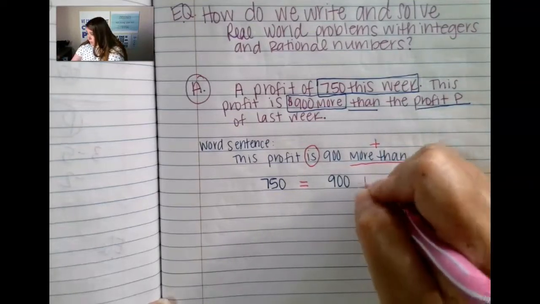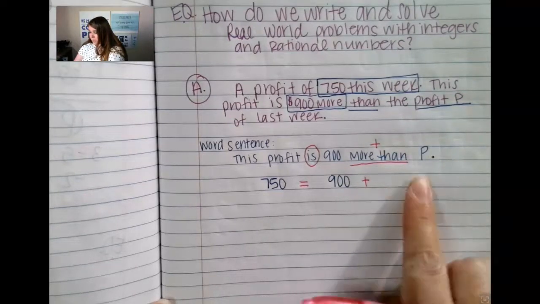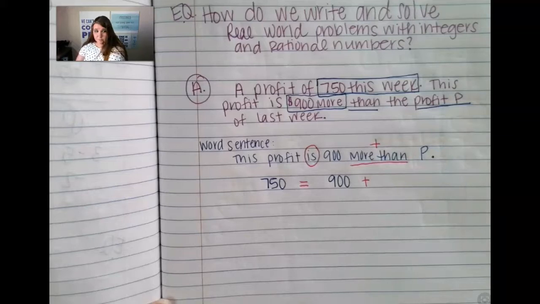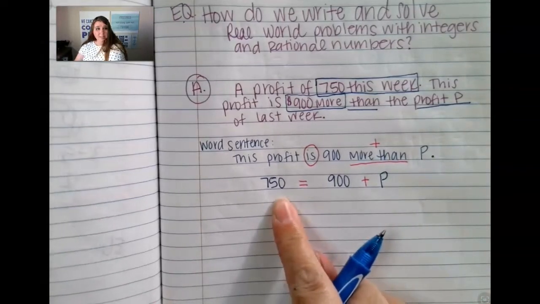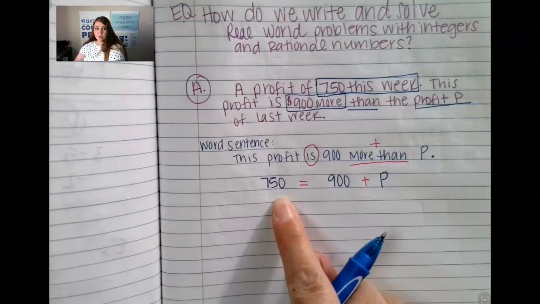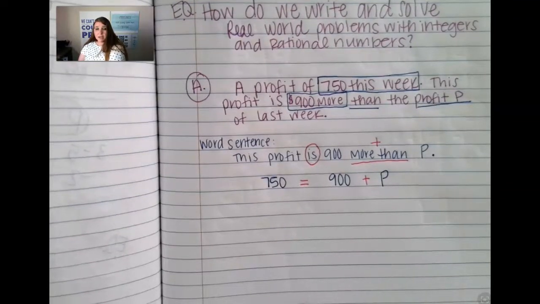This is really saying 900 plus P is equal to $750. We now have a math equation that we can draw a balance line and solve.